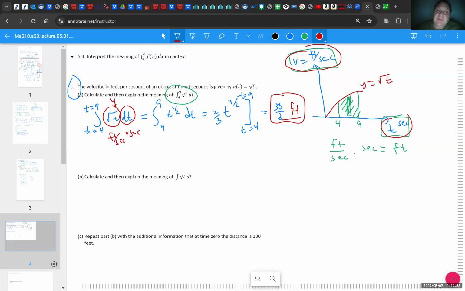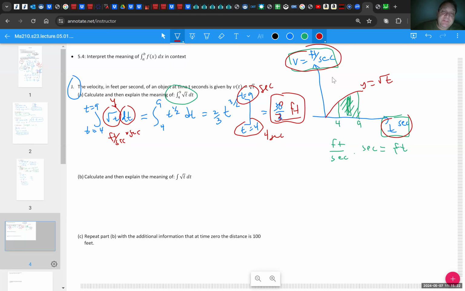So t equals 4 is 4 seconds, and t equals 9 is 9 seconds. So between 4 seconds and 9 seconds, we have something being a total of 38 over 3 feet.